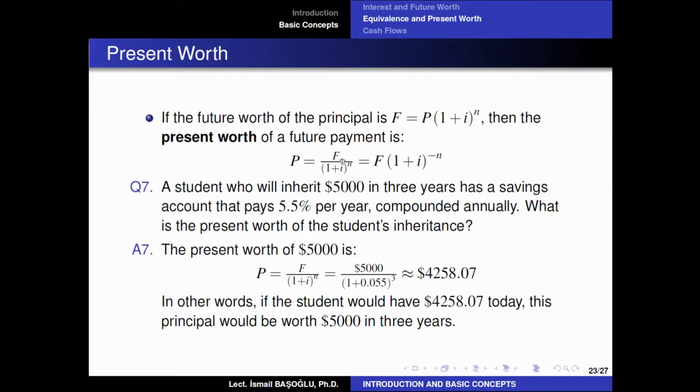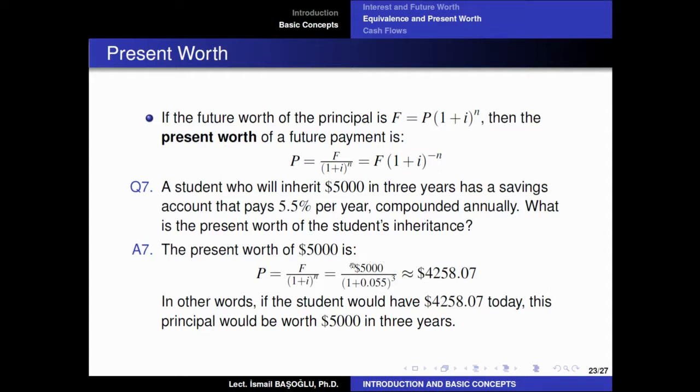So either we divide the future worth by (1 plus i) to the power n, or you can simply apply this formulation by taking this (1 plus i) to the power n to the numerator by changing the power sign.